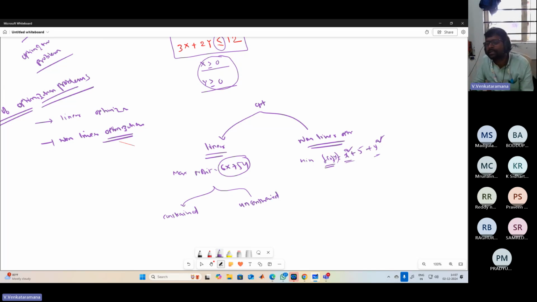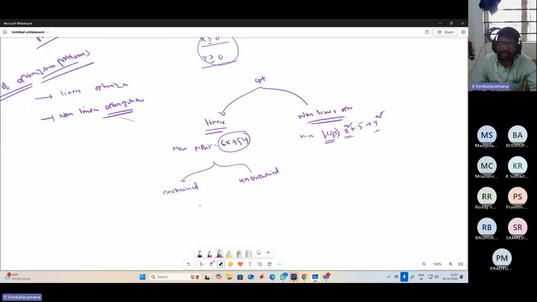So you may have a question, what is meant by constrained and unconstrained? In a constrained optimization problem, you have either equality constraints or inequality constraints, or both, in the mathematical modeling of your optimization problem. Then it is called the constrained optimization problem.